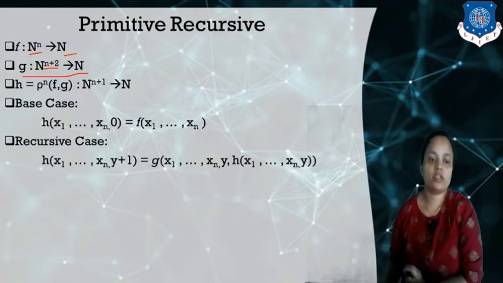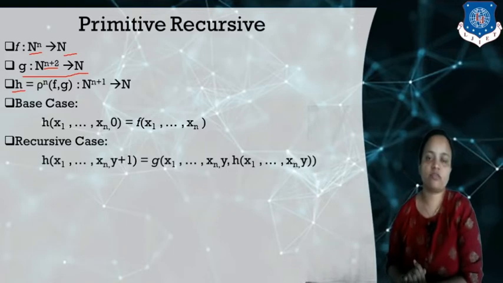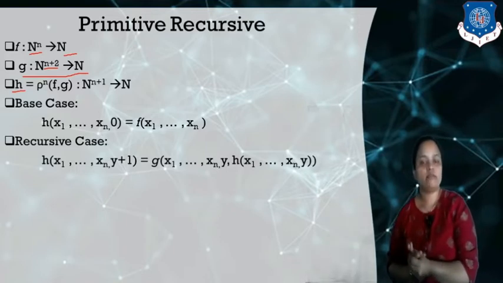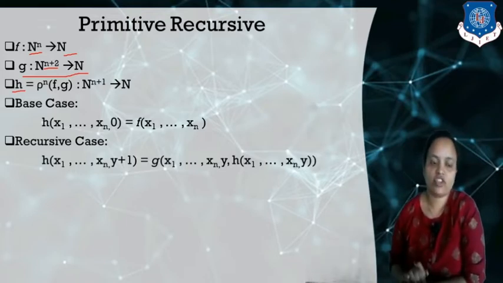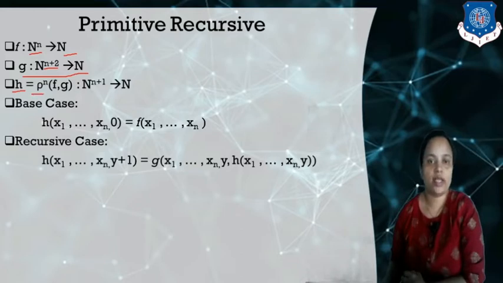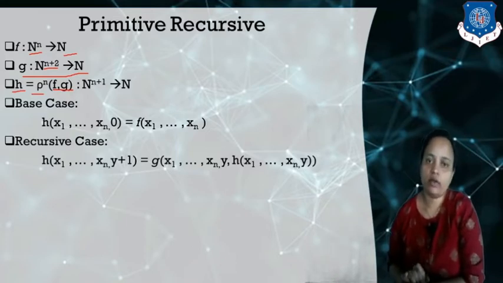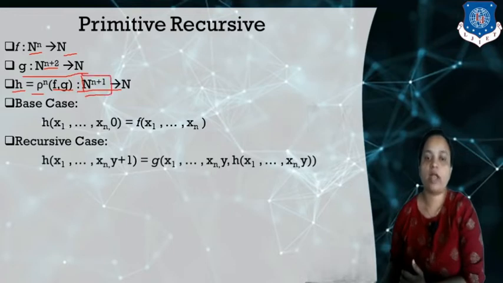Here h is our resulting function, which is a primitive recursive function, defined from f, our base case function, and g, our recursive function, and it takes n plus 1 inputs and returns a single output.